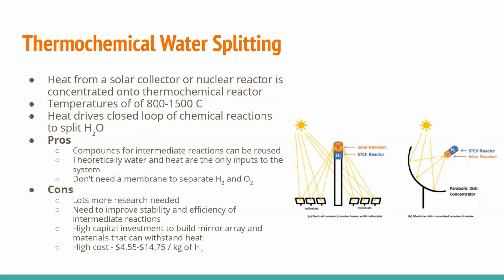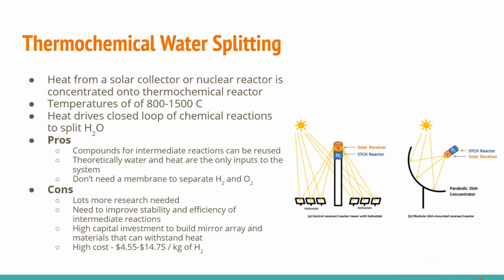So far what we've talked about are more like current solutions and midterm solutions. There's a couple things that are viewed as sort of long-term solutions. These are better methods, but the technology is still in development. Thermochemical water splitting is one. If you look at this diagram I've got on the right, these are two options for solar collectors.